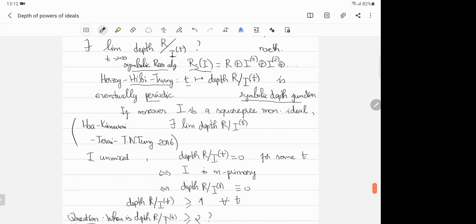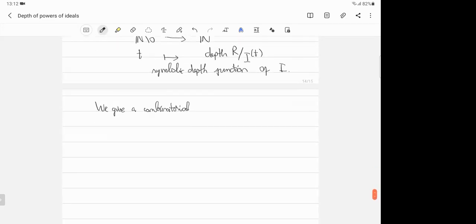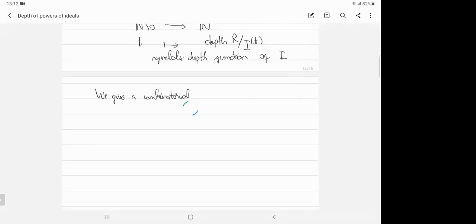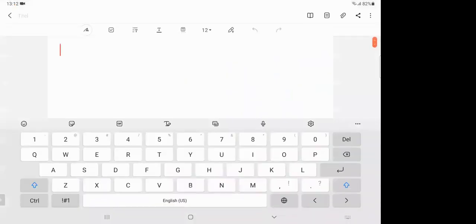So it is more or less similar to the case of ordinary power. In the case of ordinary power, you have the Rees algebra.